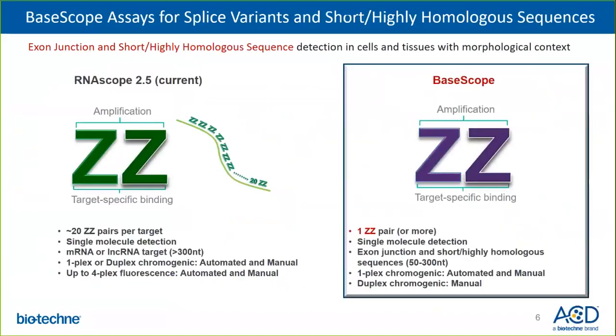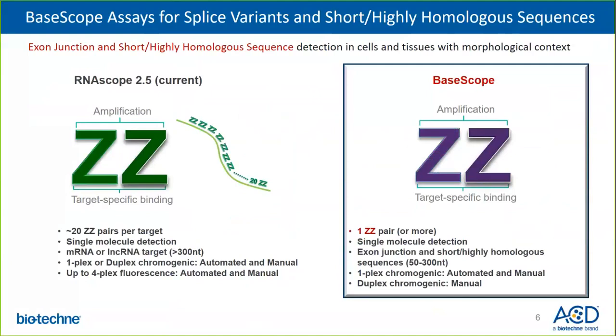We also offer BaseScope assays. The BaseScope assay we offer is based on the RNAscope technology but has specific applications. While RNAscope is a robust assay to detect gene expression of most RNA targets, BaseScope is specifically used for detection of exon junctions, splice variants, and short target or highly homologous sequences.